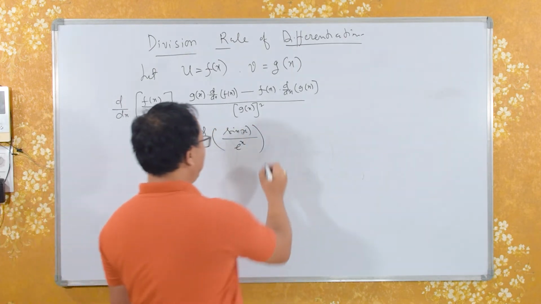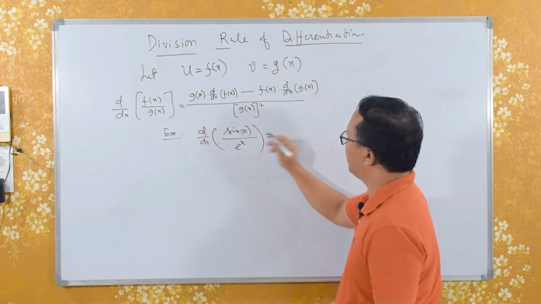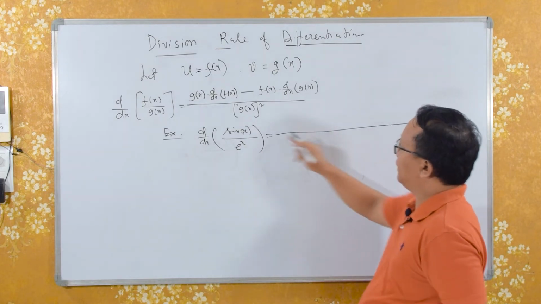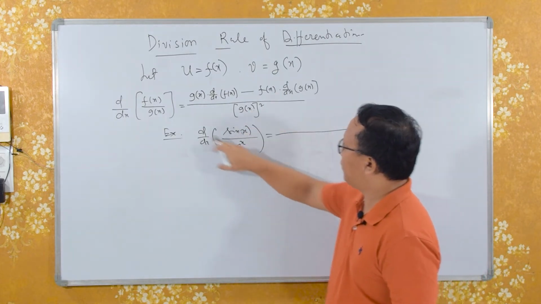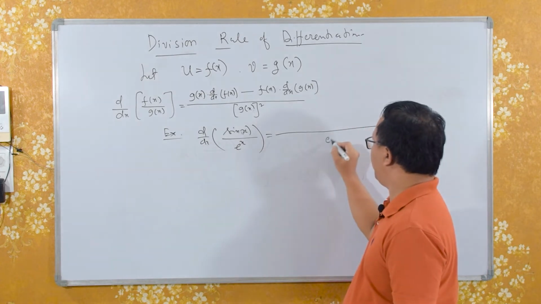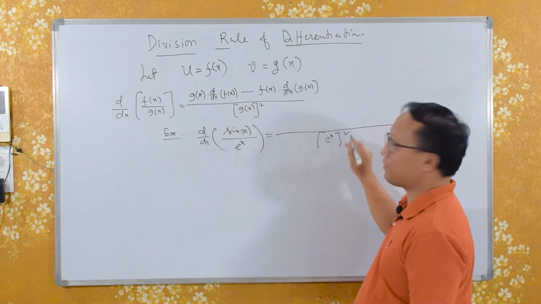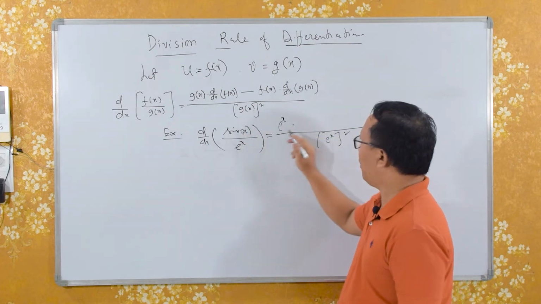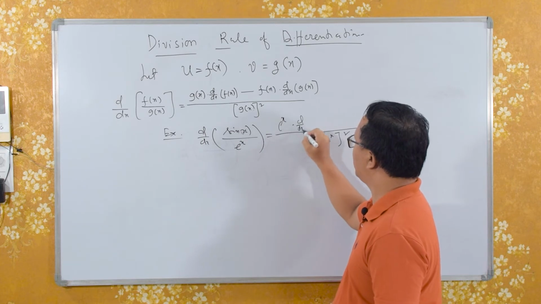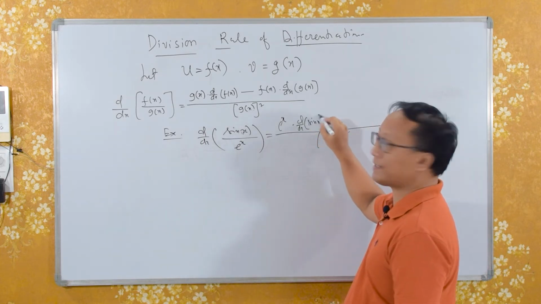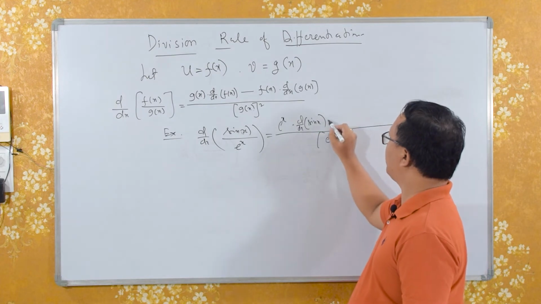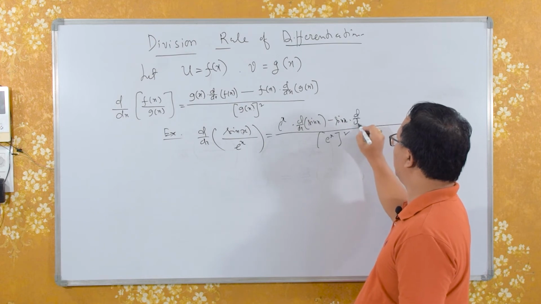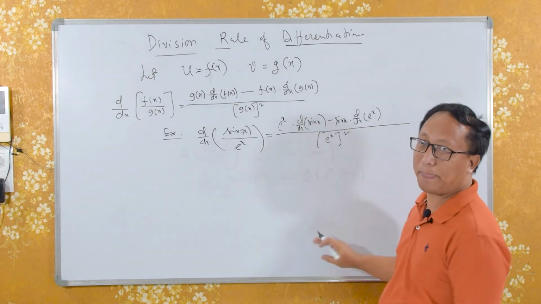What will it be? Looking at the formula, it will be the same as g(x) the whole square, here e raised to x the whole square. Bring this e raised to x over here and differentiate d by dx of sine of x, and this differentiation is over, so keeping sine of x as it is and differentiation of e raised to x.